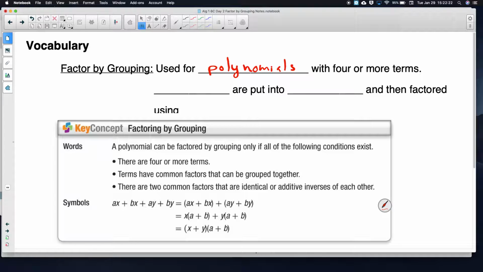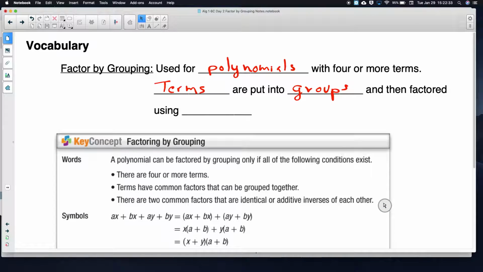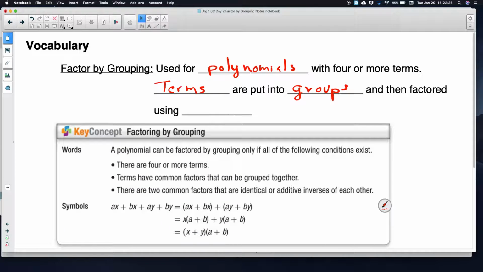What that means is we're going to put terms into groups and then factored using GCFs. Alright, so you can see I gave you kind of the math description of it. You see this example right here. It's a little bit complicated, but let's go ahead and jump into an example and you will see what I mean.